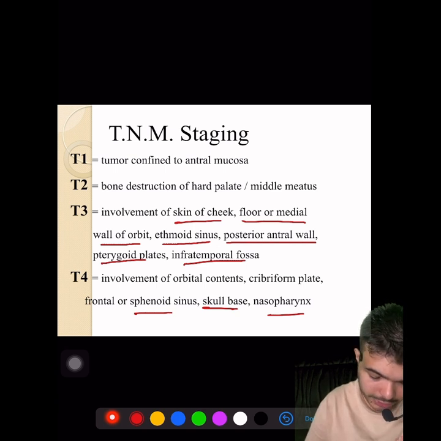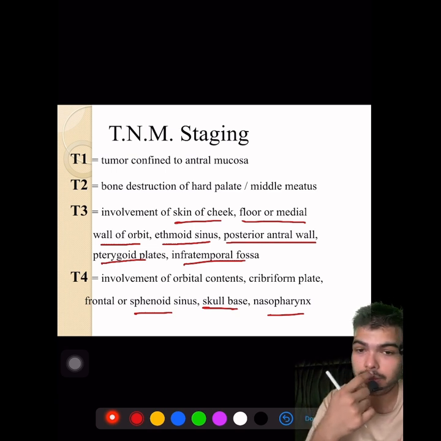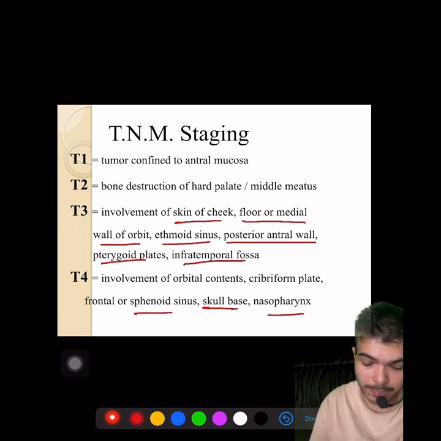Now, the next thing that you need to remember here is the different approaches. One is total maxillectomy by Weber-Ferguson incision, or it can also involve lateral rhinotomy incision. And sometimes it's important with orbital exenteration.